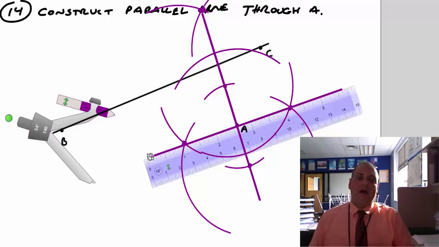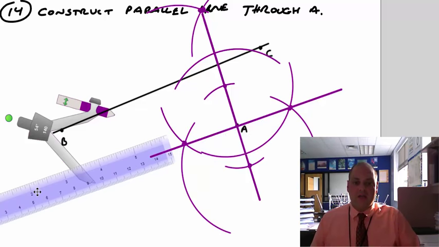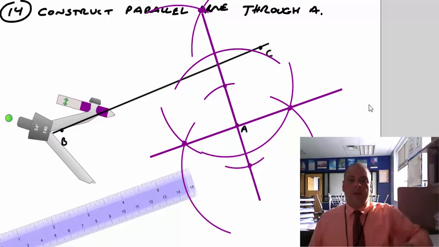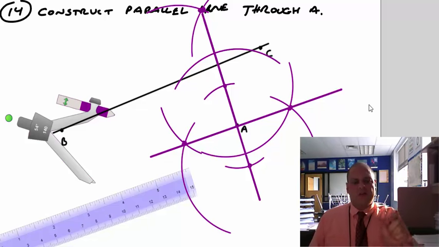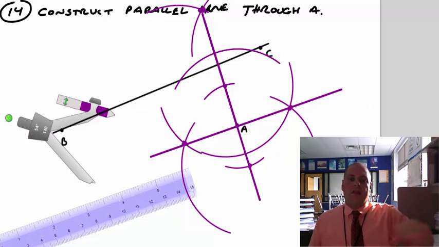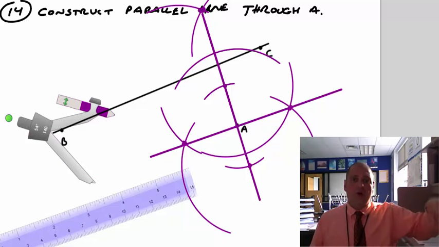There we go. That makes a parallel line to the original line. So we did a perpendicular and then another perpendicular. It looks like it's off a little bit just because my compass moved a little bit. But anyways, that's what you do. Perpendicular, perpendicular, and that makes the purple line I just drew parallel to the original BC. So we constructed a parallel line.